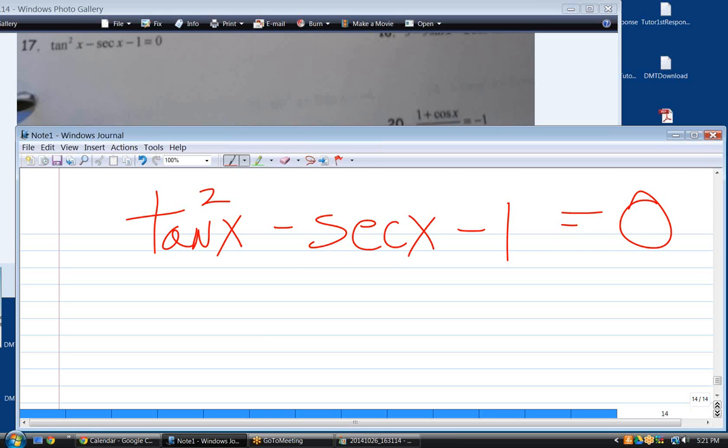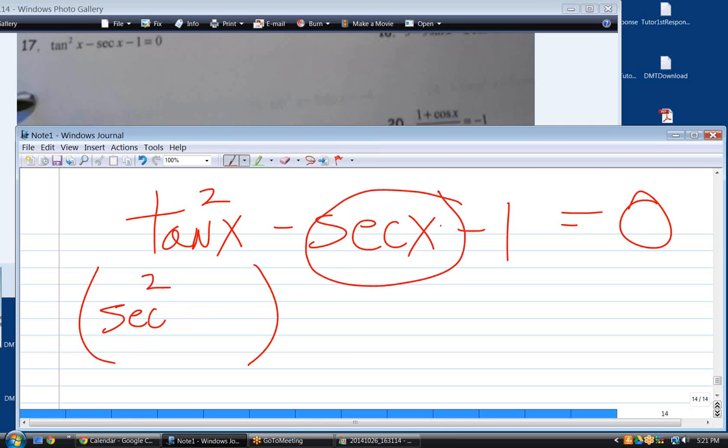What's the trig identity for tan squared? Since we've already got part of our quadratic in secant, I'm looking to turn tangent into secant.